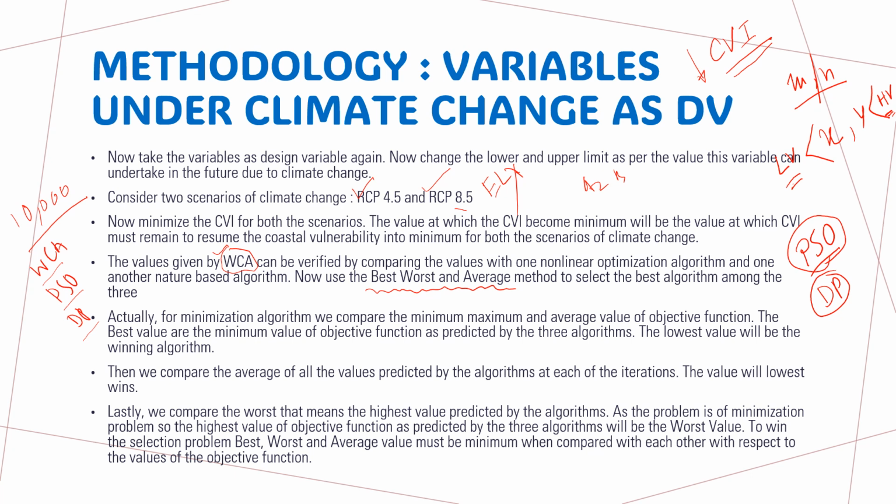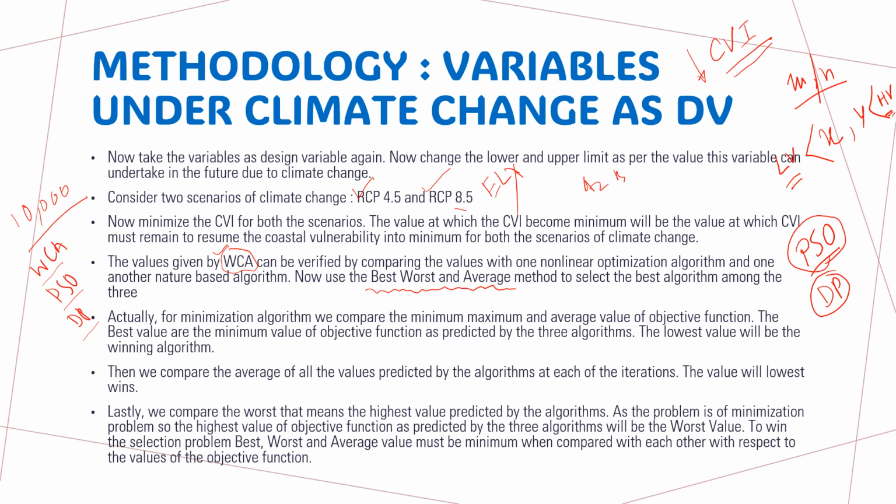So the algorithm which has yielded the lowest value among the other algorithms when compared with the best values is the winner. But it has to also win by predicting a maximum objective function minimum to the other two methods, and also the average value of the objective function minimum to the other cases.